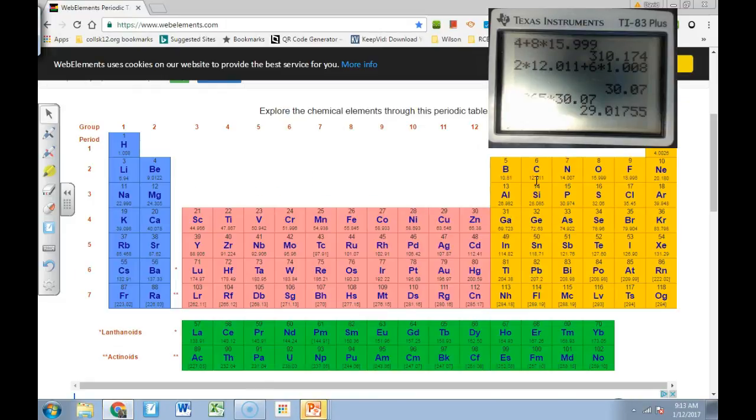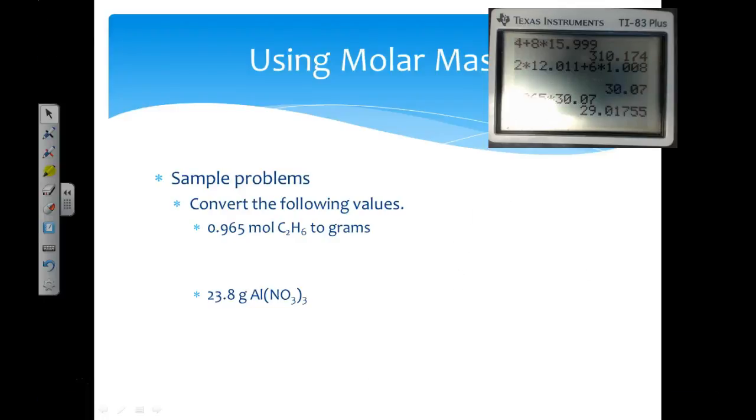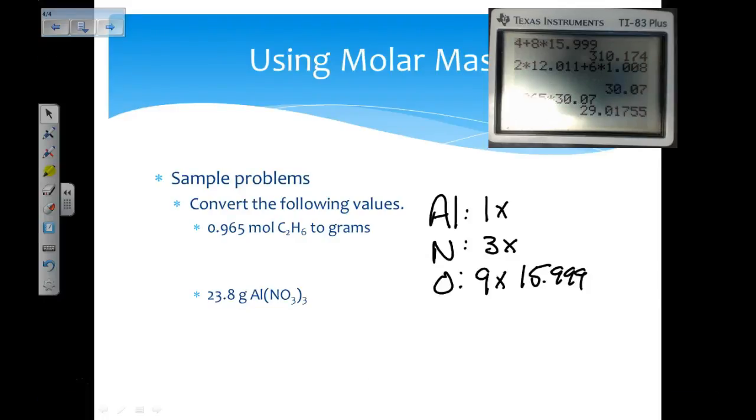Now I'm going to go to the periodic table to find aluminum. Aluminum is 28.982 and nitrogen is 14.007. Add those up.